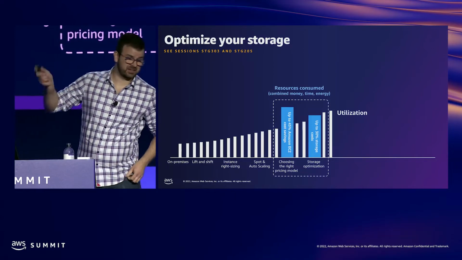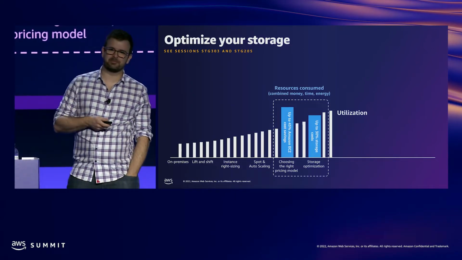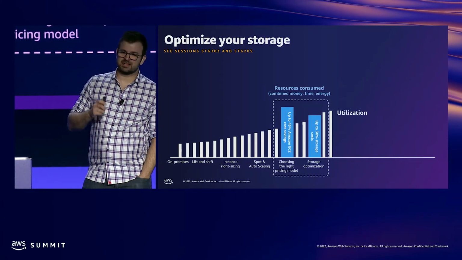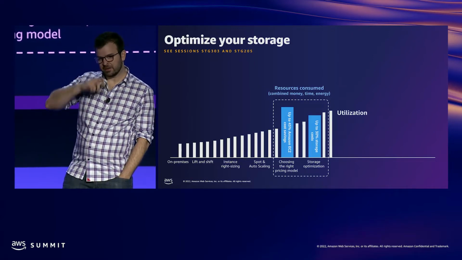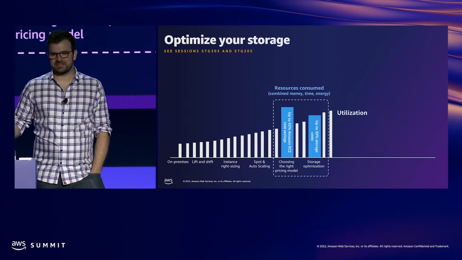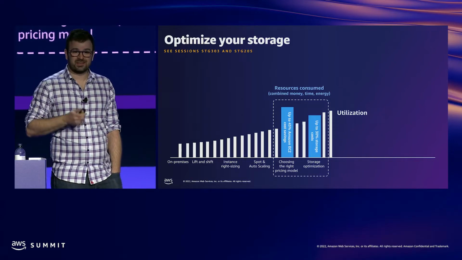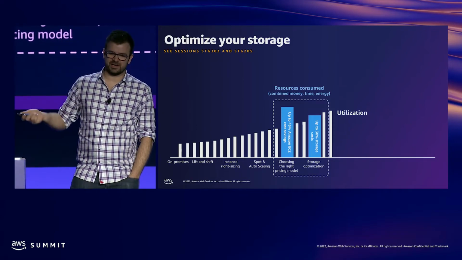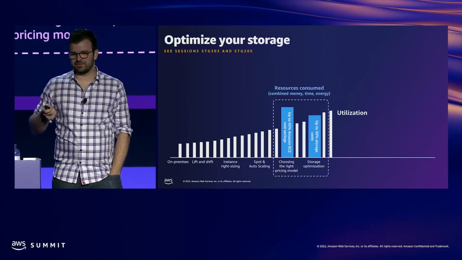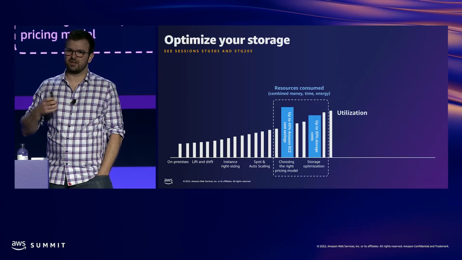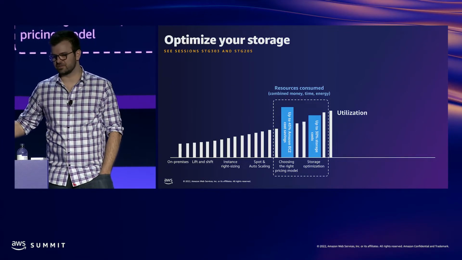An area I'm actually not going to cover, but I wanted to put a slide up because it's important, is your storage utilization. This is a compute talk, and I'm part of the EC2 team, but storage can be a huge generator of waste. We have a lot of tools and options available to help you reduce the waste of your storage infrastructure.